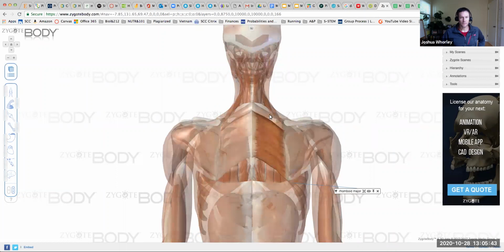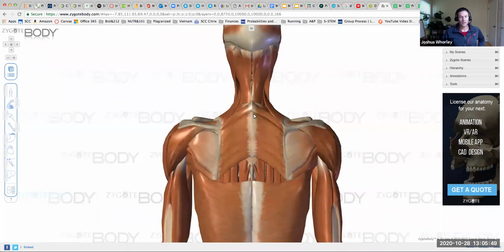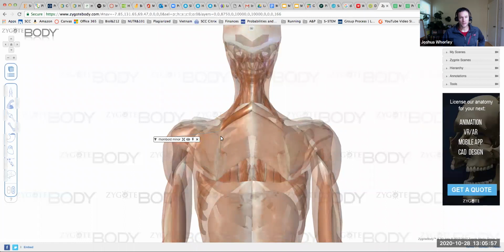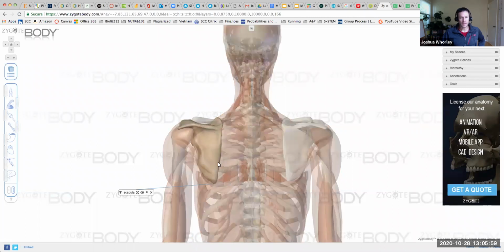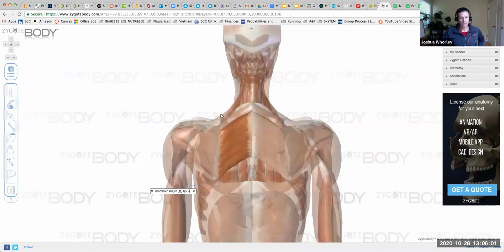This is the major, this is the minor. So the minor is above the major, but this is the largest one, right? And you can see here that the origin is on these vertebral spinous processes, and the insertion points for both of these are on parts of the scapula, and it's looking like the medial portion of the scapula.